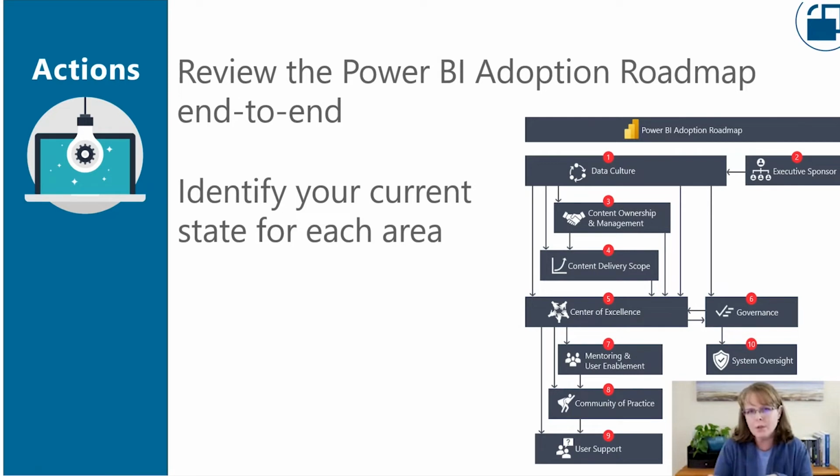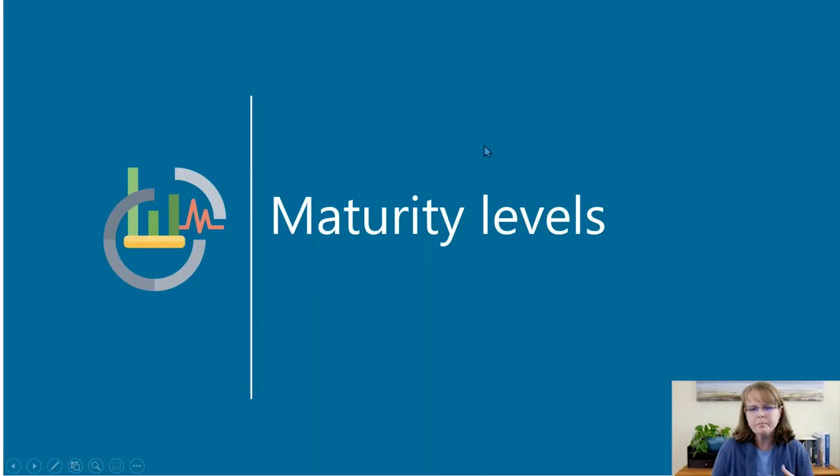So if you're not familiar with it, one thing I would suggest is to just review this roadmap end to end, just to kind of get familiar with the concepts, the considerations, and really start to think about for each of the areas what your current state is. And by that, I mean the good, the bad, and the ugly. And just kind of at this point, gather that information so that you know where you are currently.